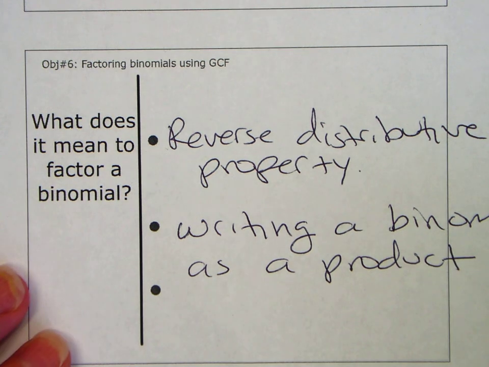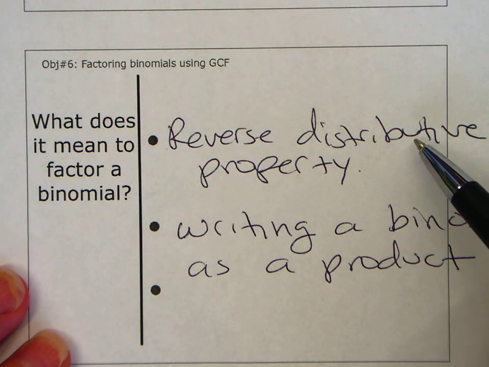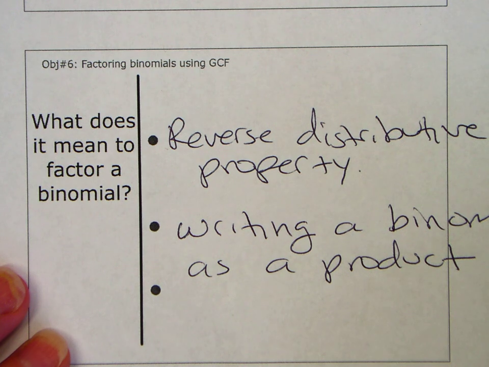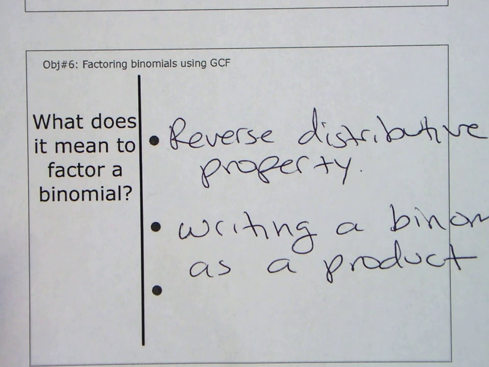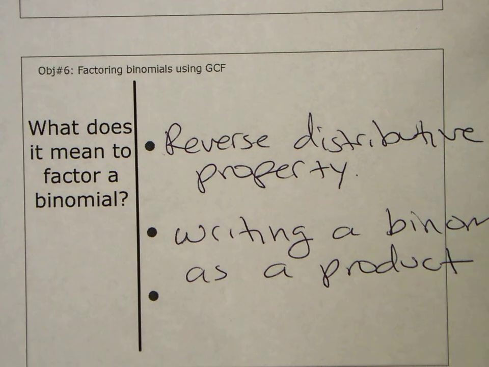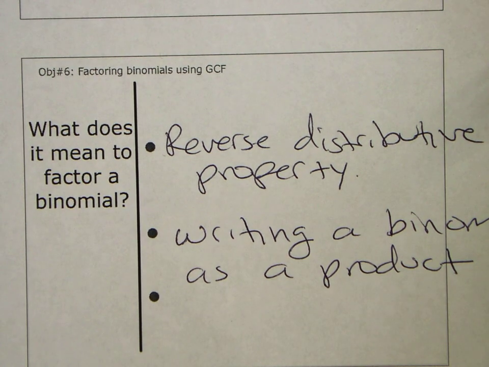Okay? Reverse distributive property and writing a binomial as a product. Those are the two main things that we're talking about when we say factor. So every time you hear factor, you're going to remember, I'm going to do the reverse distributive property. Write a binomial as a product.